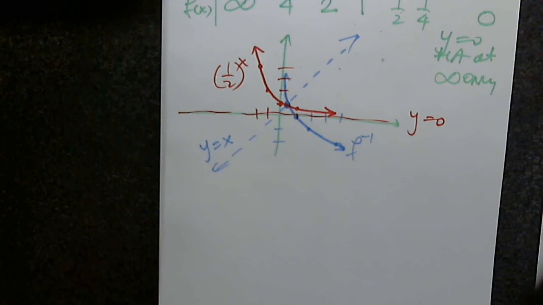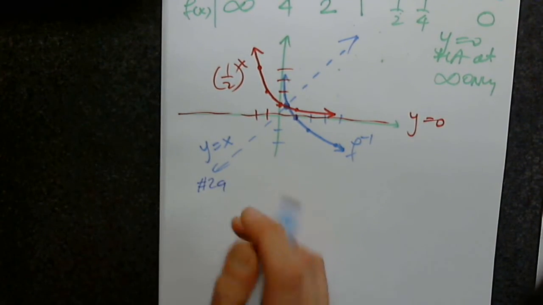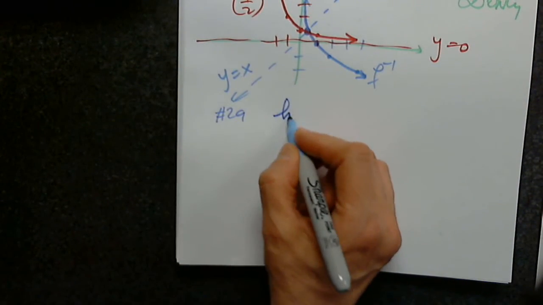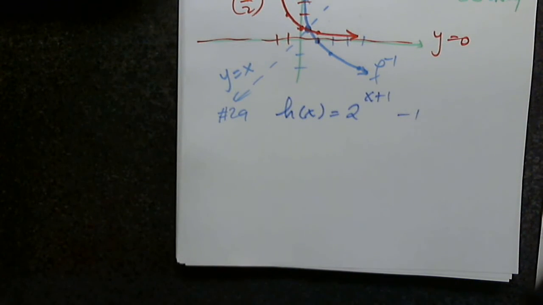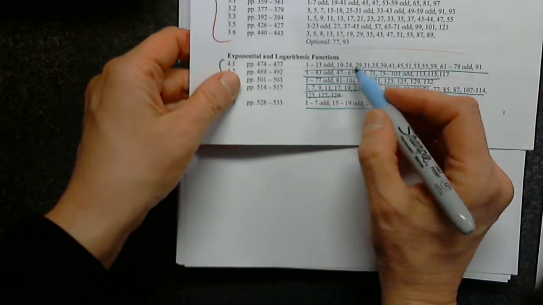Okay, so I'm looking at problem 29, in which we have h of x equals 2 to the x plus 1, minus 1. We are asked to use transformations on this.